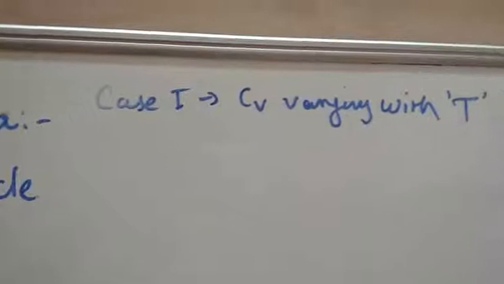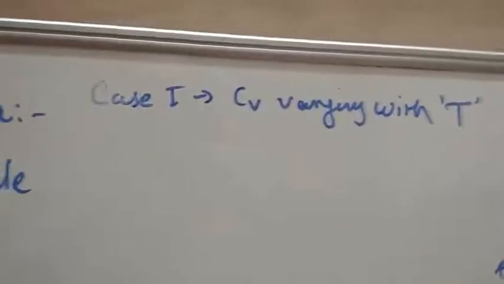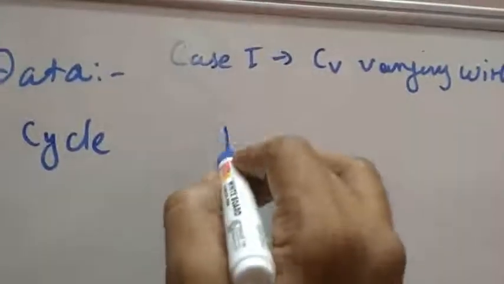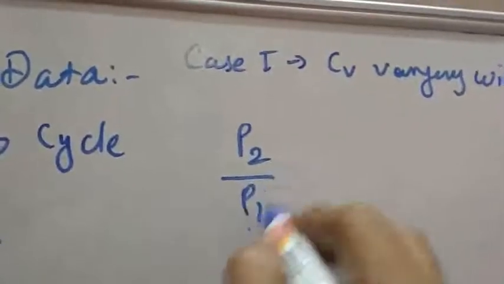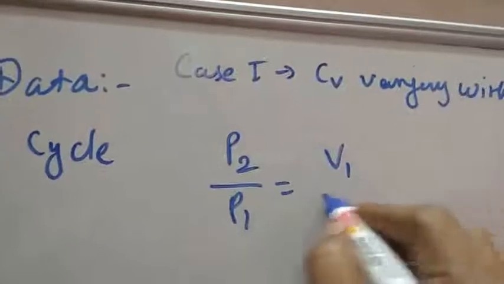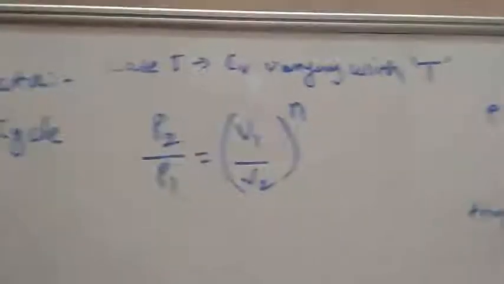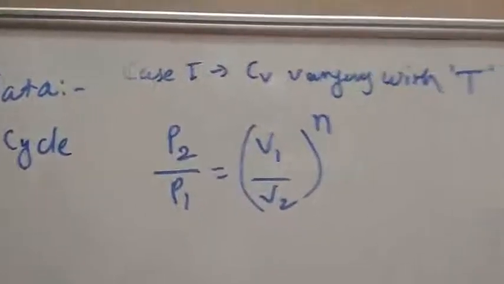First I'll find the pressure at point 2 and the temperature at point 2. I'll apply this particular equation: P2 by P1 is equal to V1 by V2 raised to N. This law you know, so no need to explain it again.